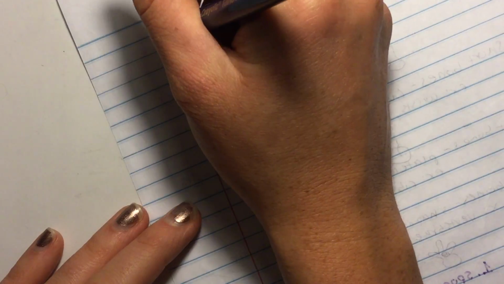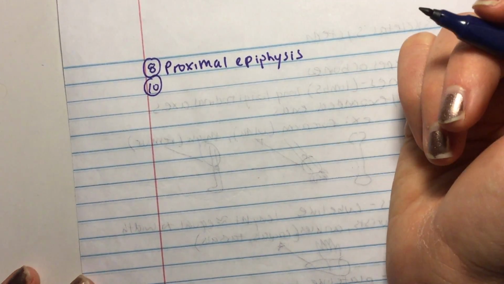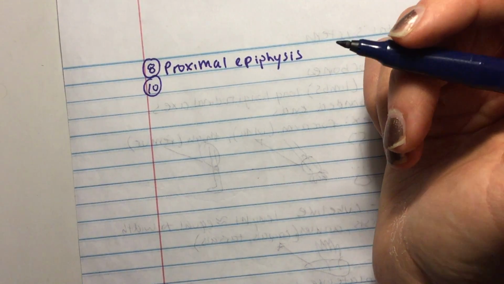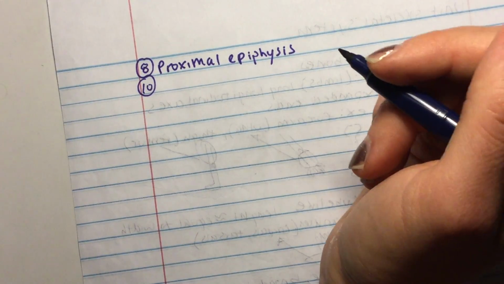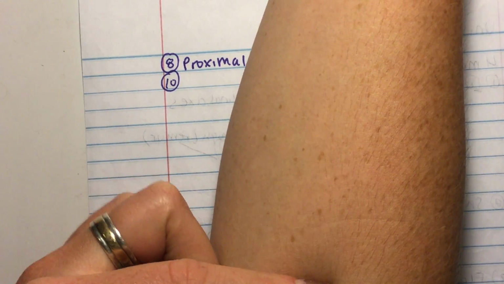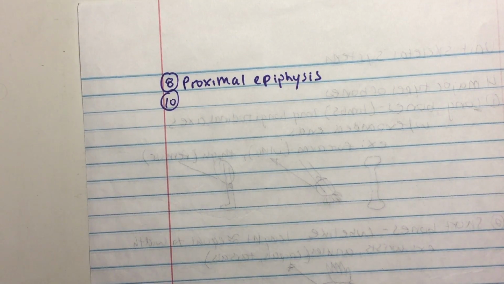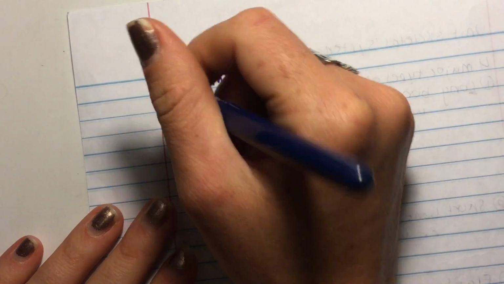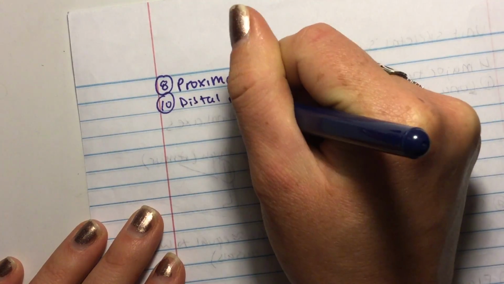As we know, proximal means closer to our body, distal means further from our body, or further from the trunk, I should say. And so that's what this is referring to. If you have a side of a bone closer, like let's say I have my ulna and I'm closer to my elbow, right up here, that would be my proximal epiphysis side of the bone, versus the distal side would be closer to my wrist. So distal epiphysis.